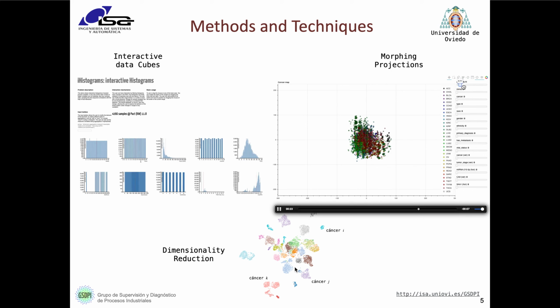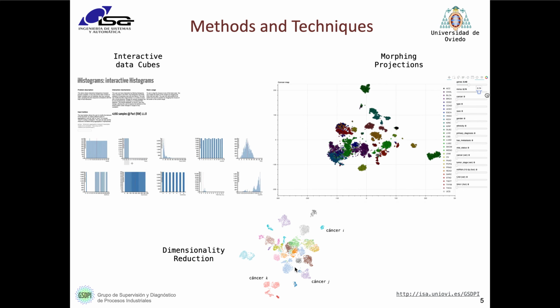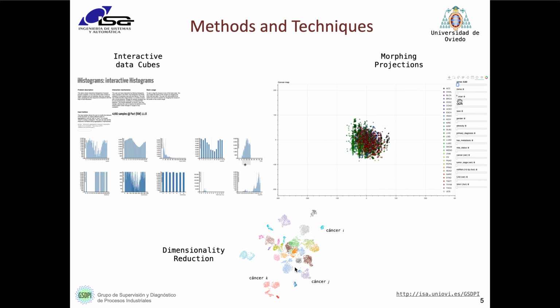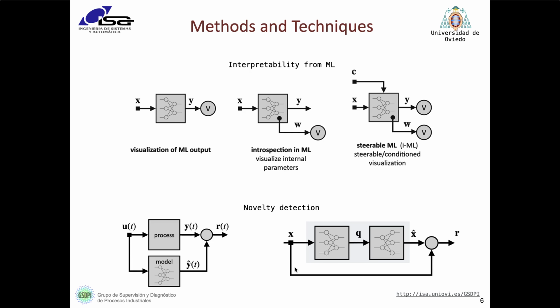Dimensionality reduction, that captures the low-dimensional latent structure in high-dimensional data, allowing to represent the items in a meaningful way, organized by similarities. We also considered machine learning for interpretability, including the visualization of machine learning output, introspection, the visualization of the internal model parameters, and also steerable machine learning, that is, conditioning of the machine learning algorithms based on users' needs.